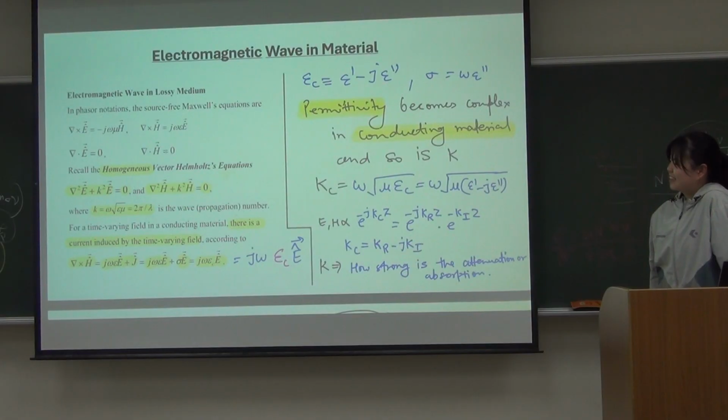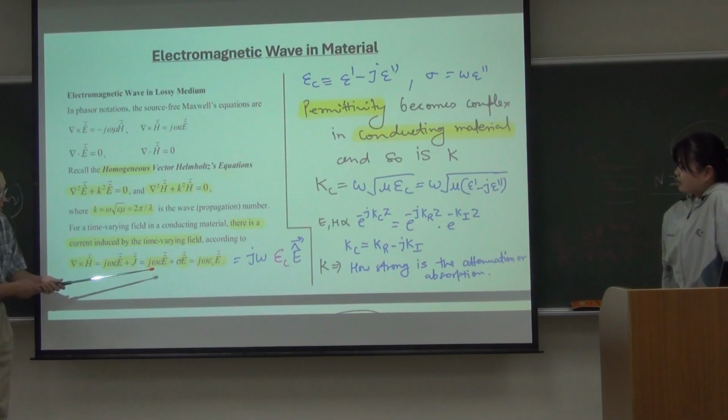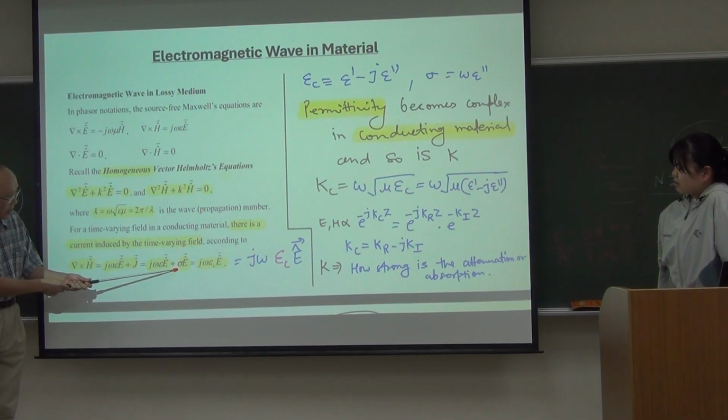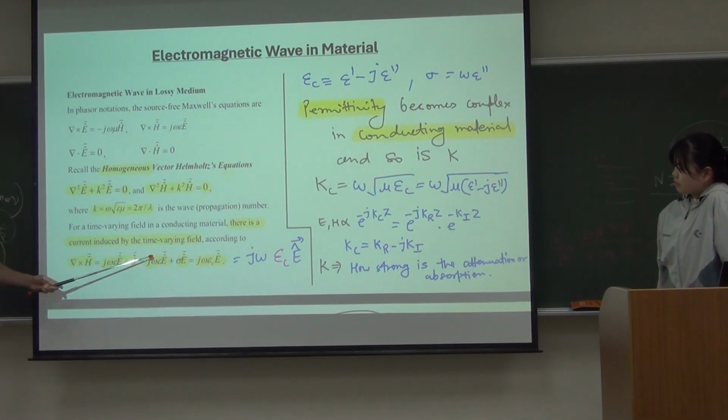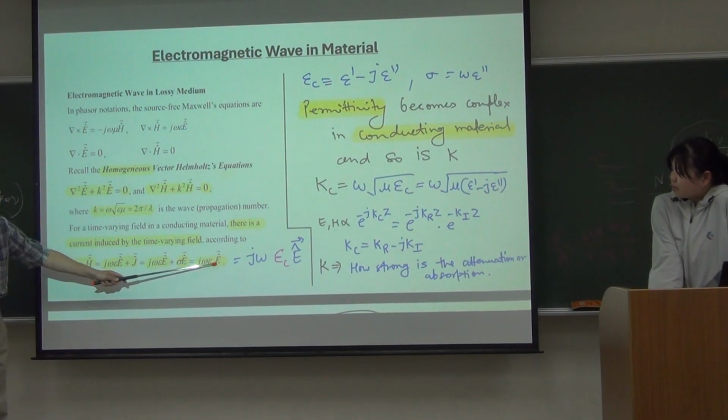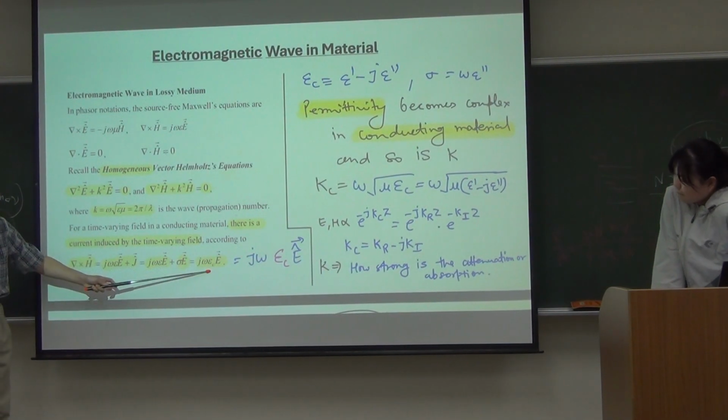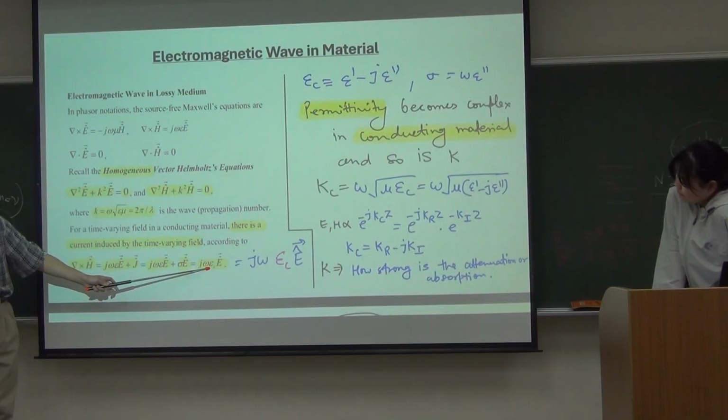This equation. Yes. What happens is that if you have, for example, some conductivity in the material, then you add the current term into the Maxwell equation, into the Ampere's law. Then with this, you combine this electric field together, you come up with a complex permittivity.